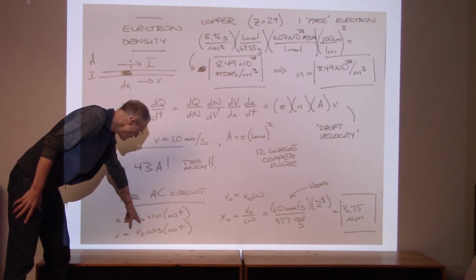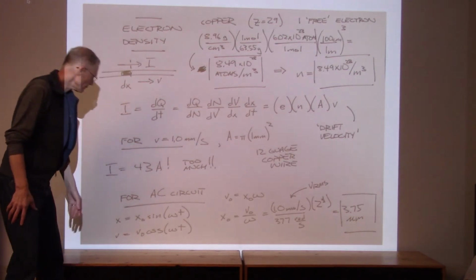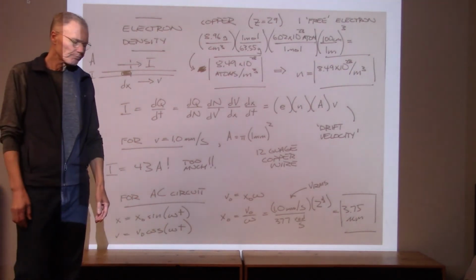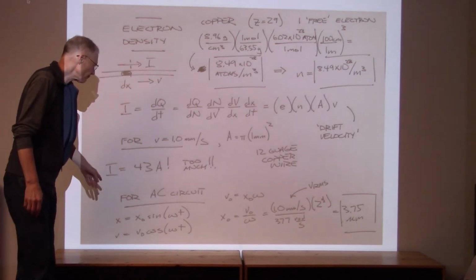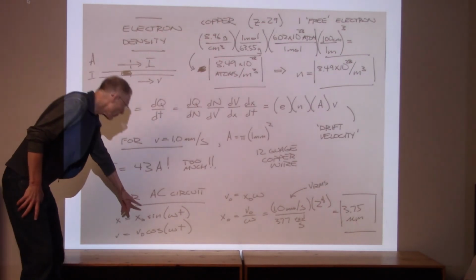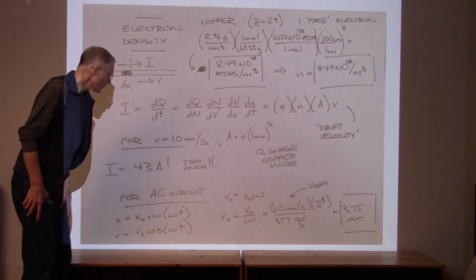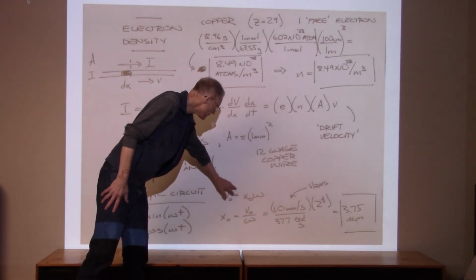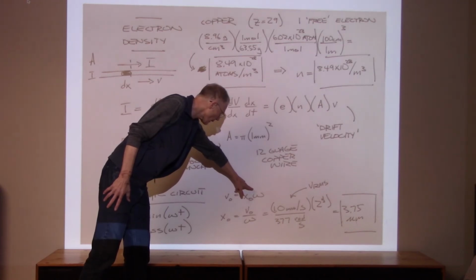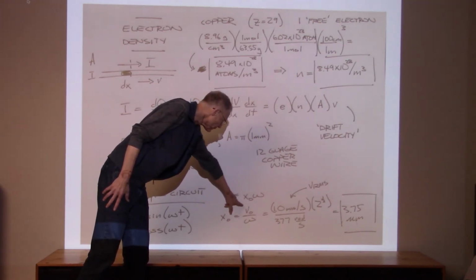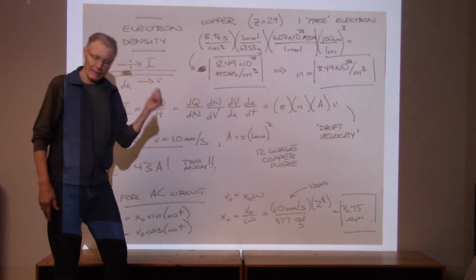V is equal to V naught cosine omega t. I can get that by taking a derivative. So if I now look at what the V naught would be equal to by taking a derivative here, what it tells me is that V naught is equal to x naught times omega, and that x naught then is V naught divided by omega.